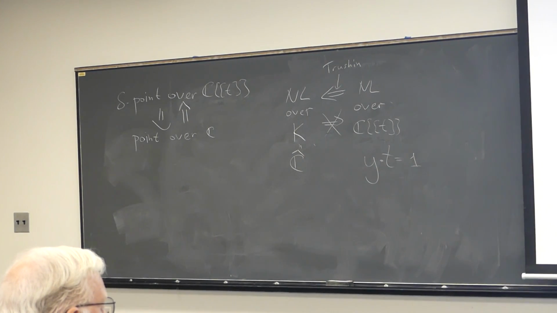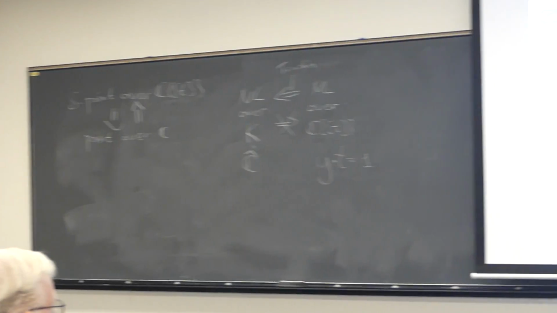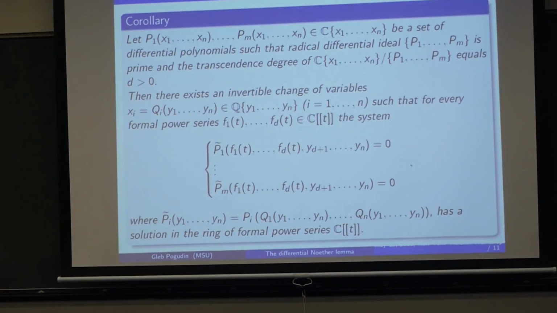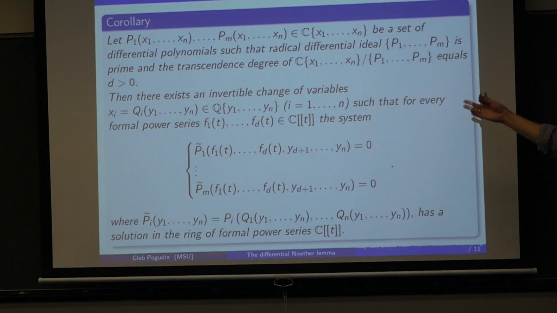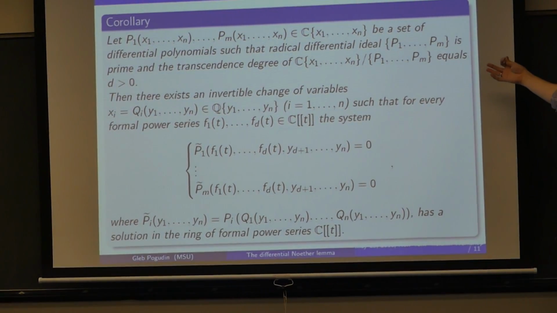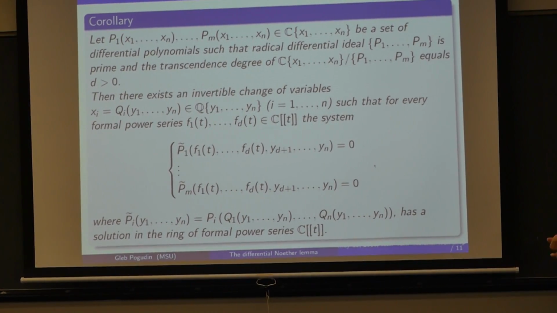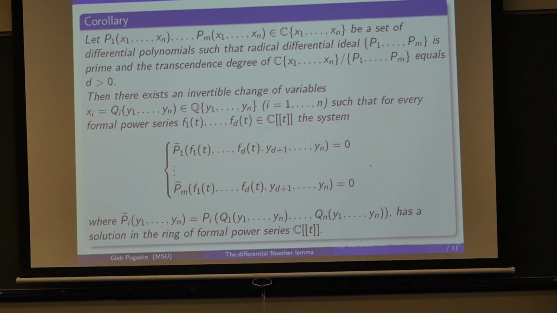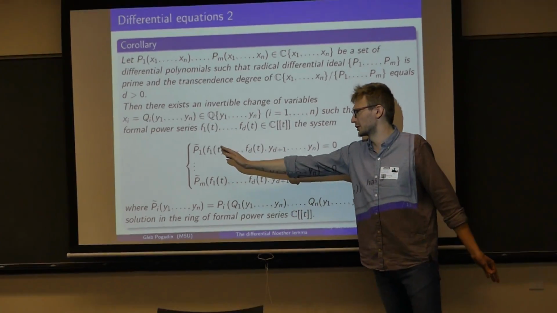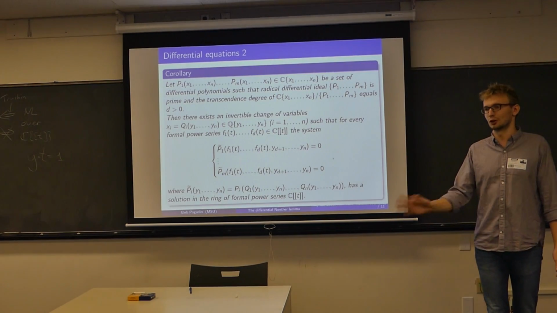Finally, we can just make another corollary for differential equations. Here it is. Actually everything is the same, but we have some algebraic differential equations over C, and you can make some change of variables defined over Q, so that after you substitute arbitrary power series on the first D places, the system will remain solvable.